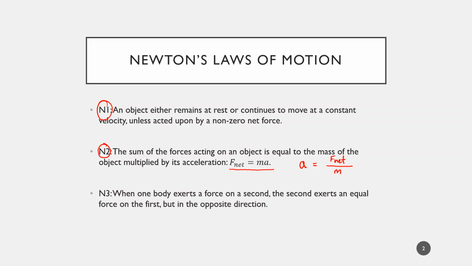Another thing that's special about this relationship between net force, mass, and acceleration is that we can use it in terms of a system of objects, where the net force would be the net force applied to the system. So we can analyze and say each of these objects is experiencing a force. We add all these forces together for the system of objects, and that would be our net force.